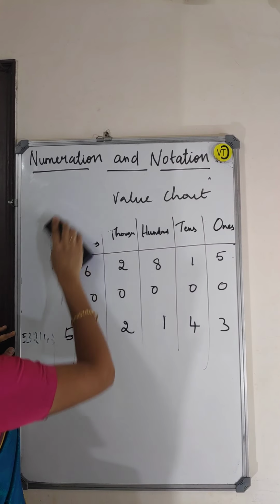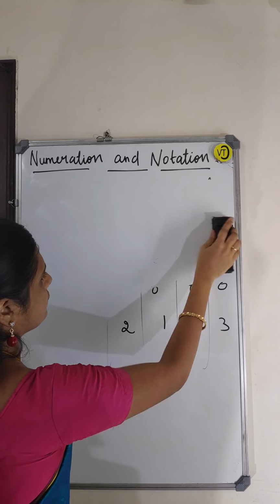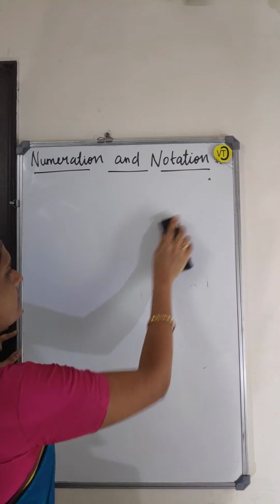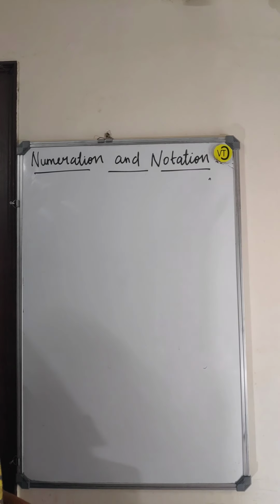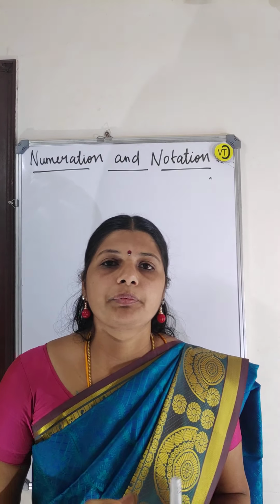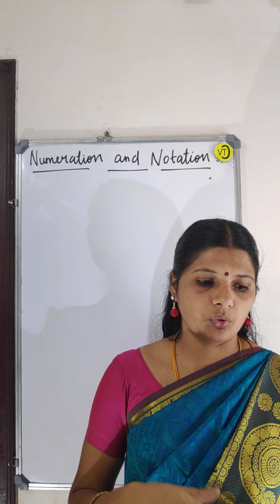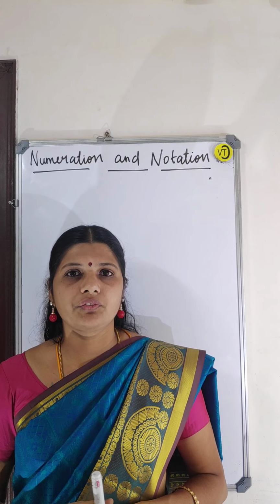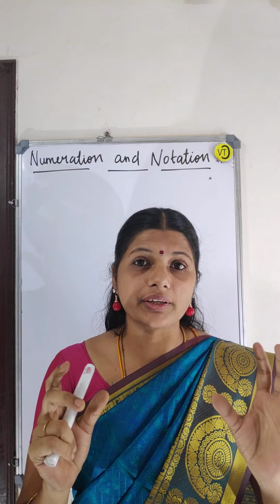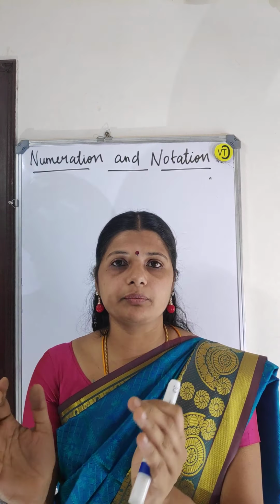The next one is periods. Periods means if you have more than 5 digits, then without any difficulty in reading, you have to group the numbers.